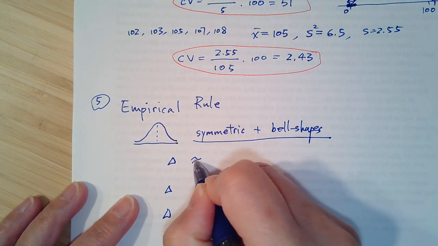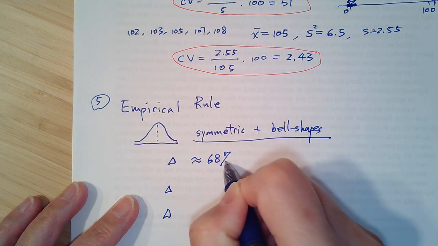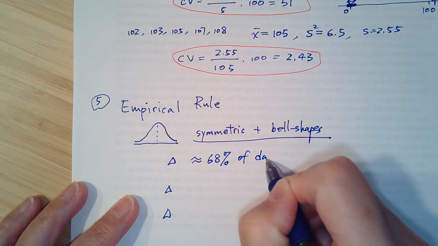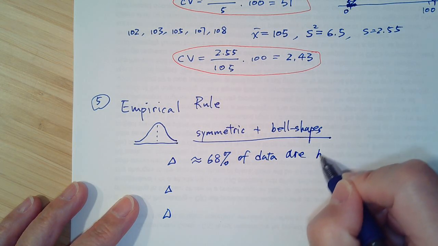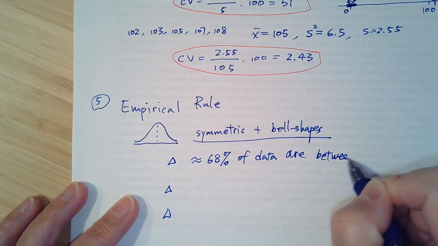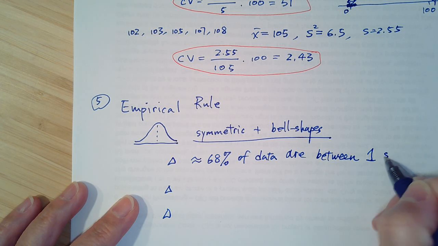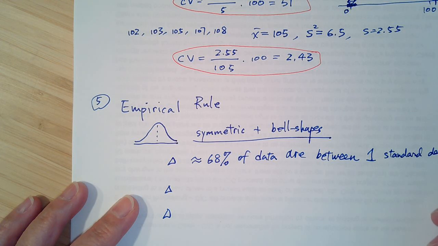About 68% of the data are between 1 standard deviation of the mean.